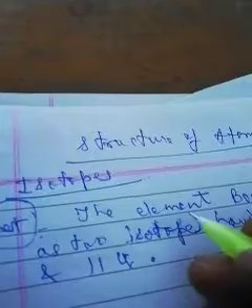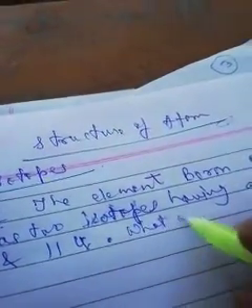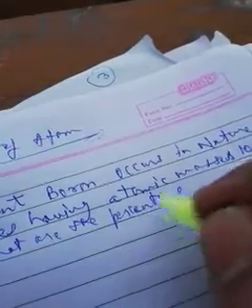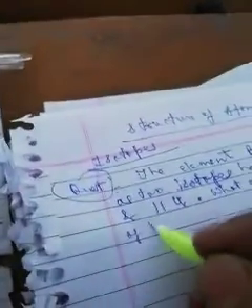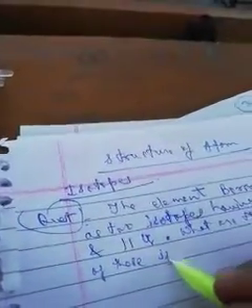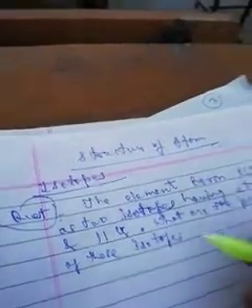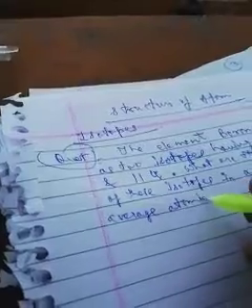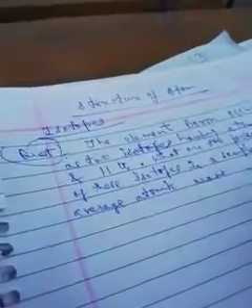What are the percentage abundances of these isotopes in a sample of boron having an average atomic mass of 10.8 U?